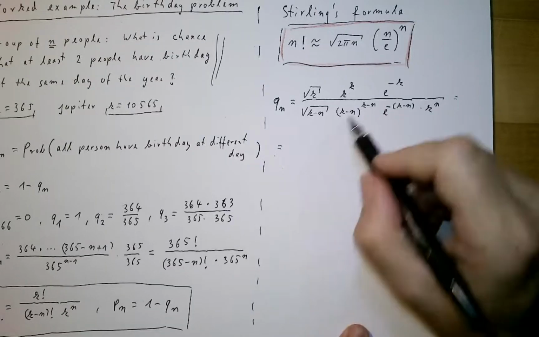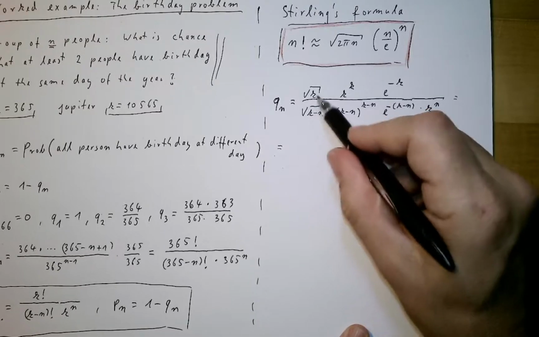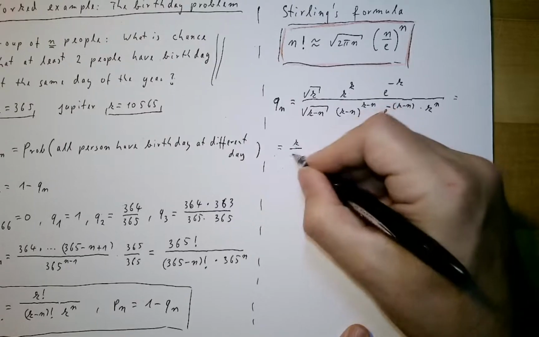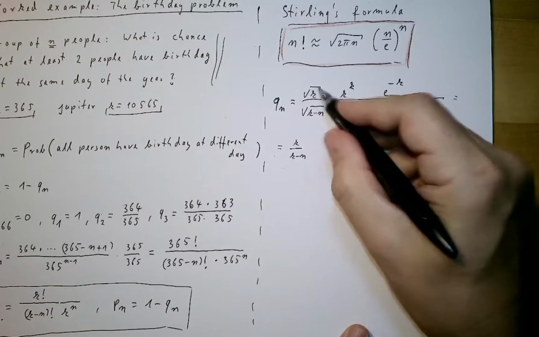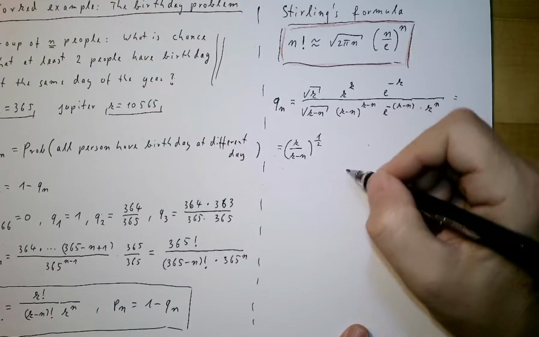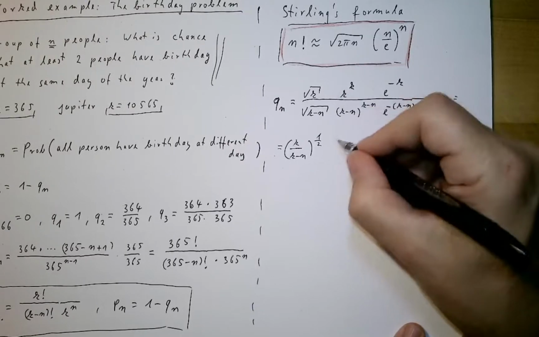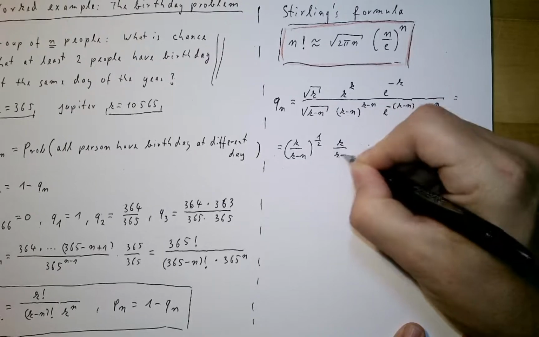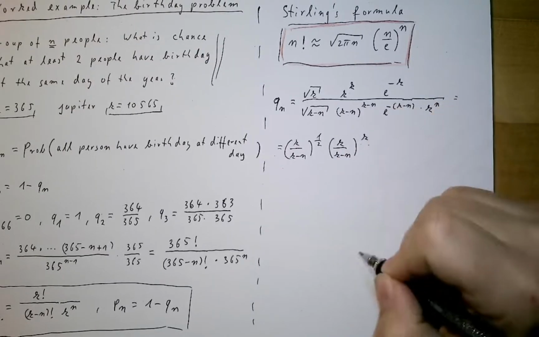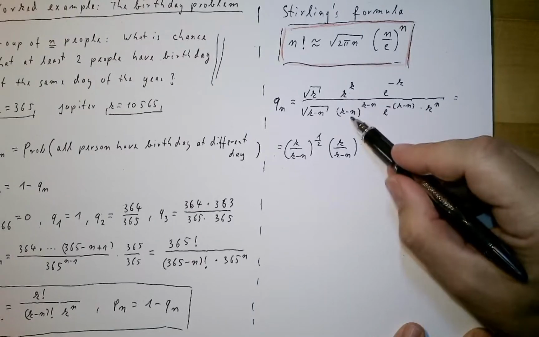So now we have to sort terms, and so maybe we can rewrite this here as k over k minus n, and I rewrite the square root as 2 to the power 1 over 2. Then we have here k over k minus n to the power k.